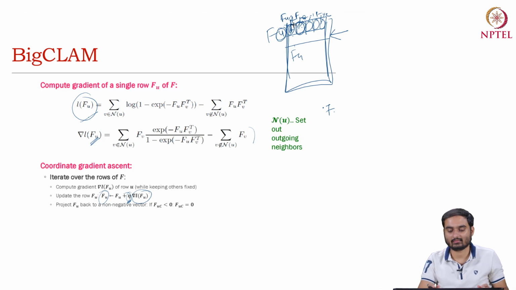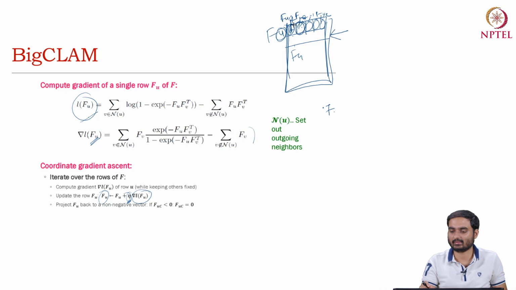Now you can think of many questions, right? For example, here we said that we need to know how many communities there are. The number of communities should be known, right? In many applications, we are given the number of communities, but in the original paper of BigClam, they also suggested a way to identify the number of communities automatically. That's the first problem.